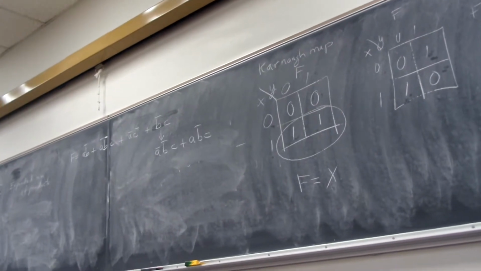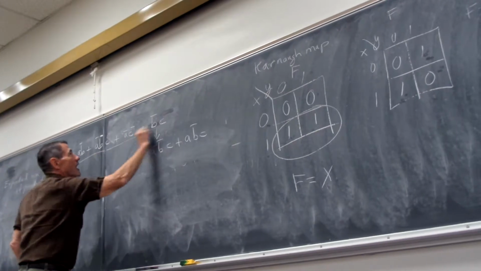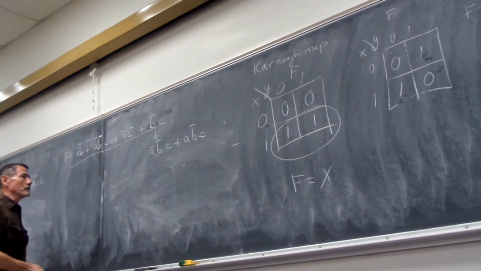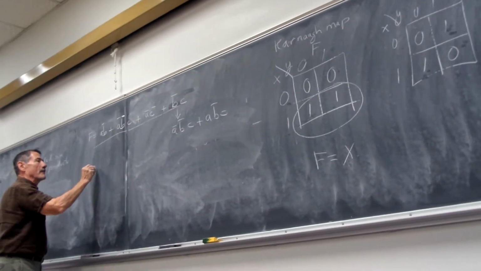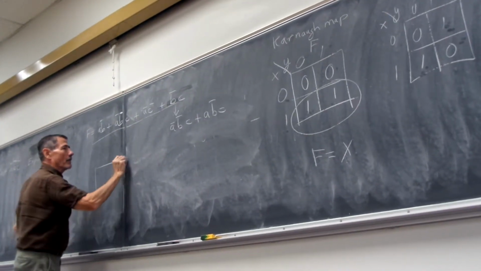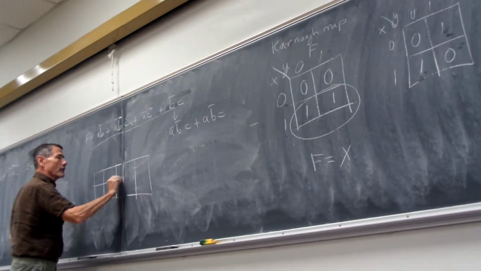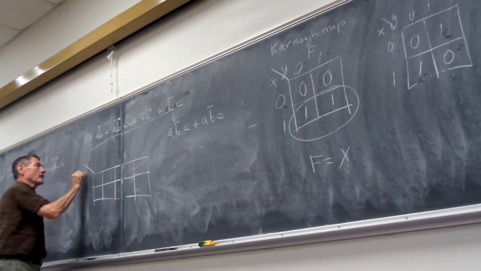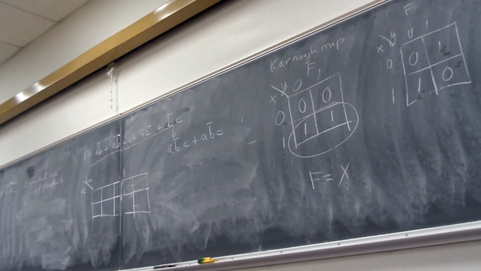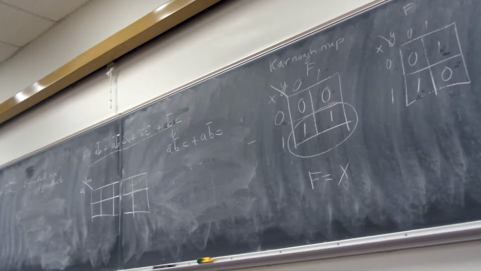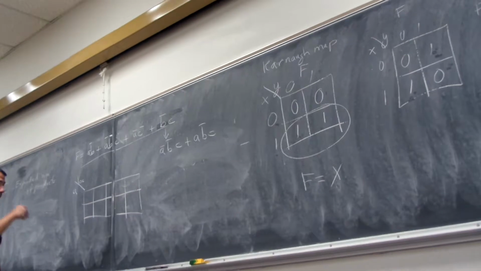Okay. So we're going to go back to this function here, and I'm going to do my Karnaugh map again. Just to do something completely different, we'll lay it out like that, and it does not matter. I need to put the possible combinations of the variables.